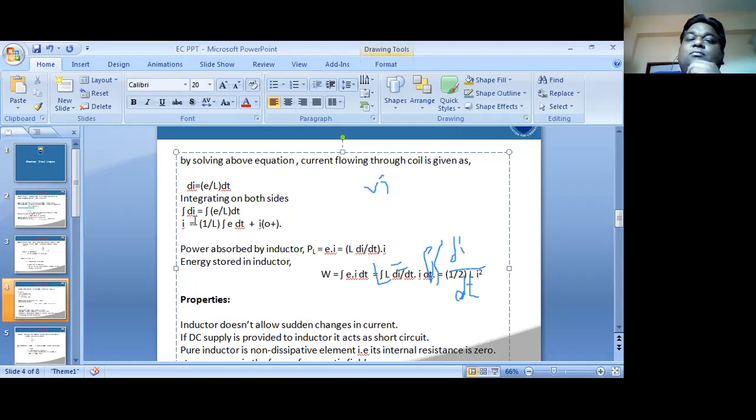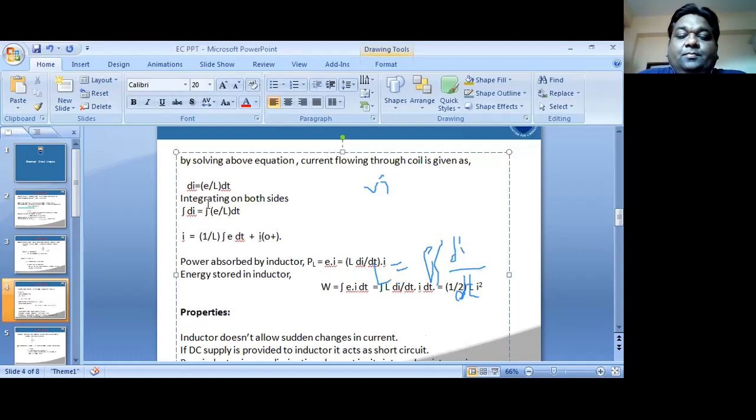Now here let us assume the limits are 0 to t. Thereafter integrating, what we shall get?